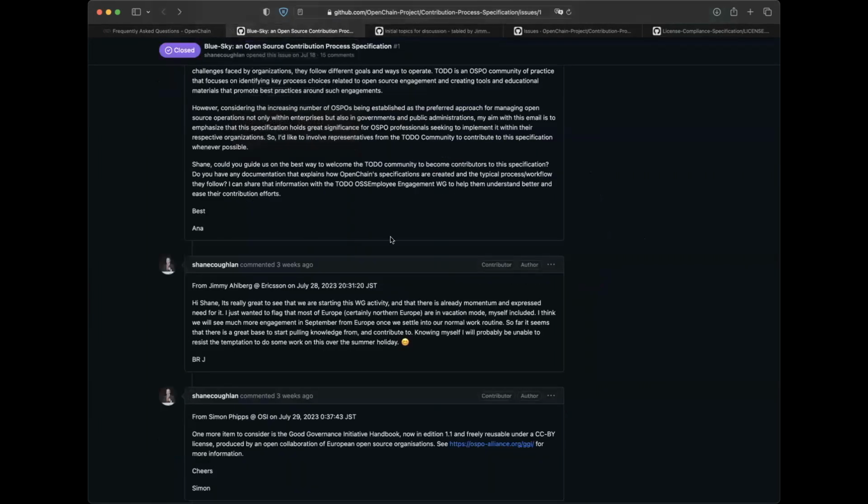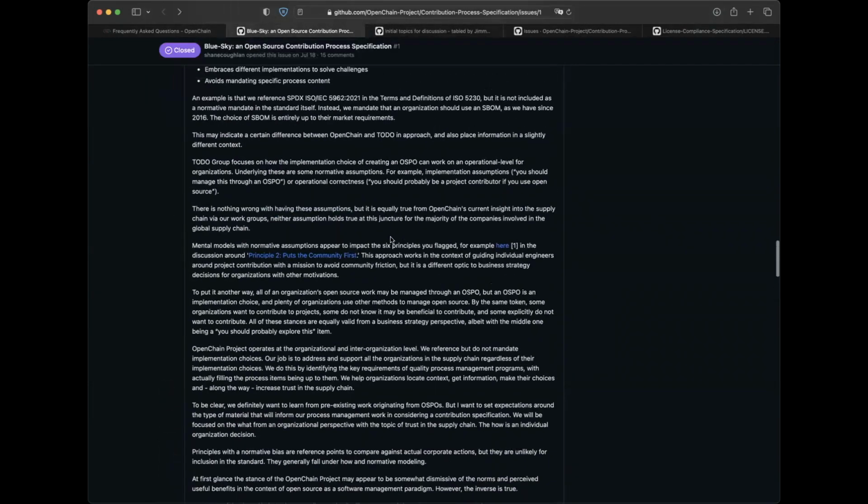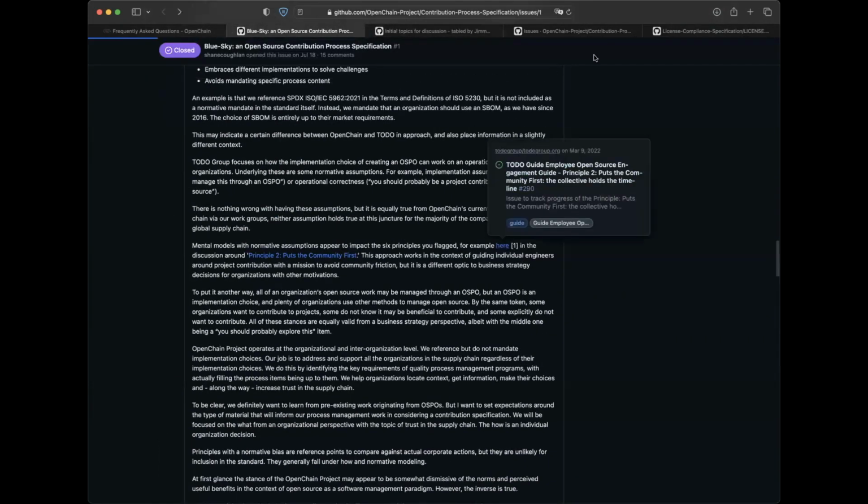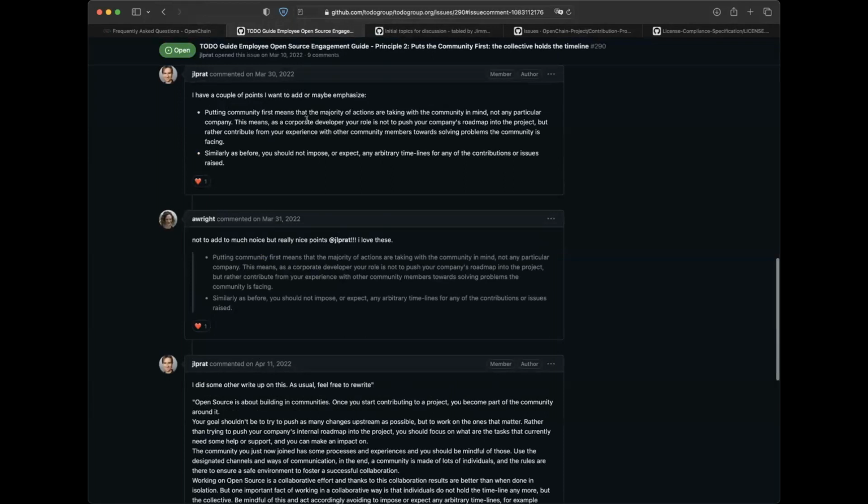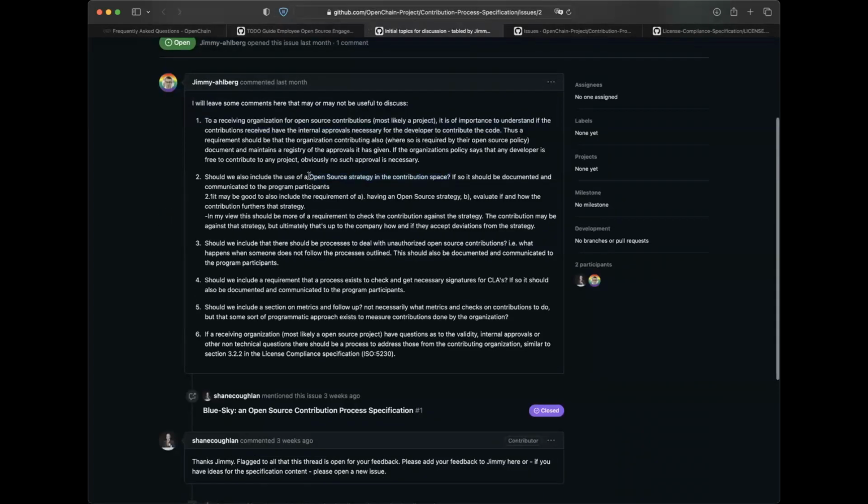Just for relevance here, that is showing the polar opposite of someone saying what a corporate developer's role is to do, and in this case, not follow their company's roadmap, as opposed to saying, is contribution tied to open source strategy? So it's about identifying then, does a company say you can only contribute if it matches our strategy? Or does a company choose to say developers may contribute based on their interest, XYZ? Regardless, this stuff should be documented and communicated.